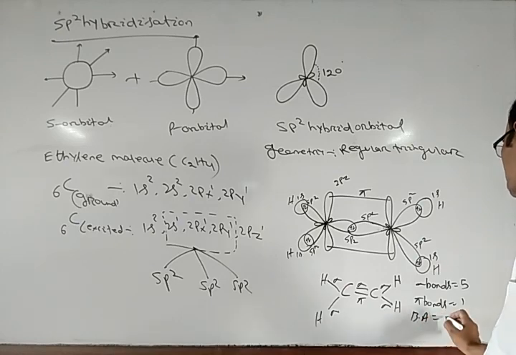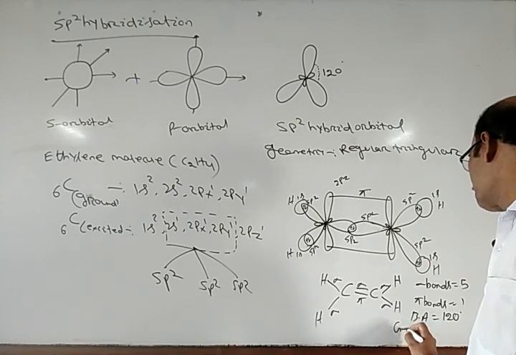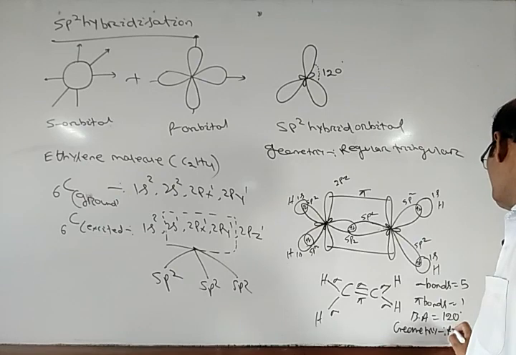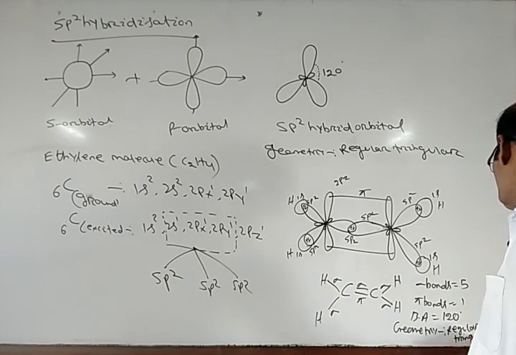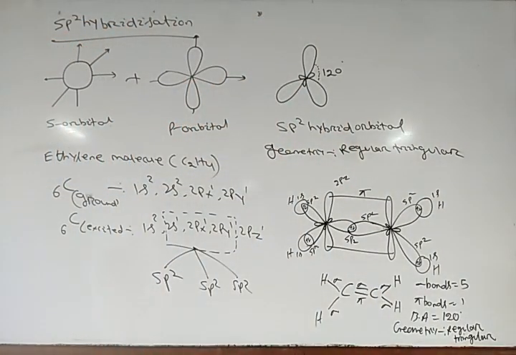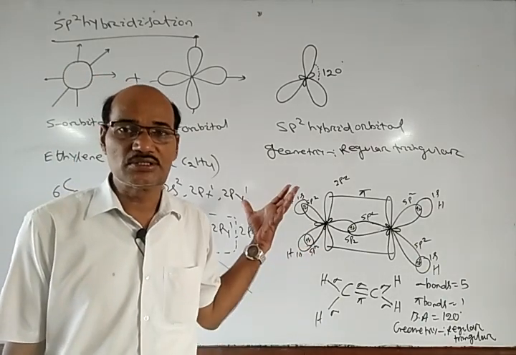Bond angle 120 degrees. Okay. Geometry and shape: regular triangular. So, this is the formation of the ethylene molecule C2H4.